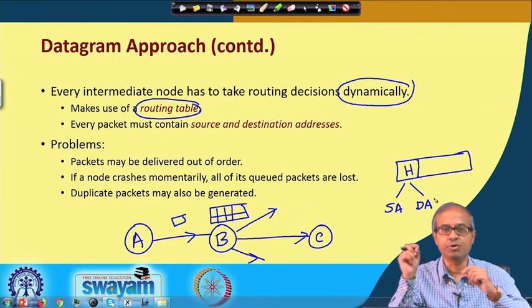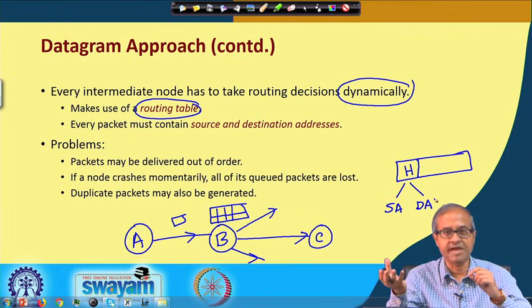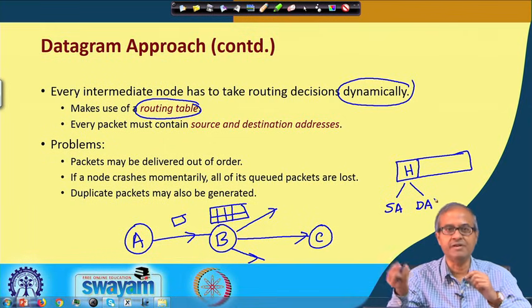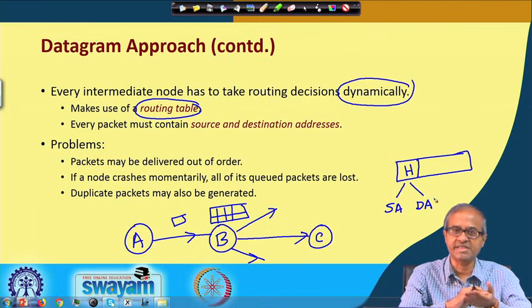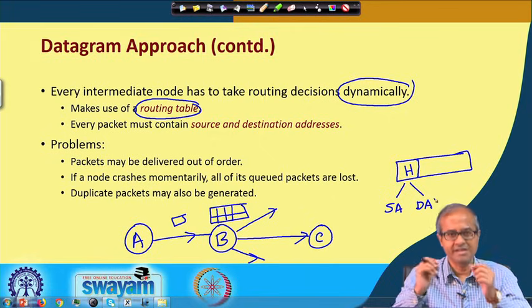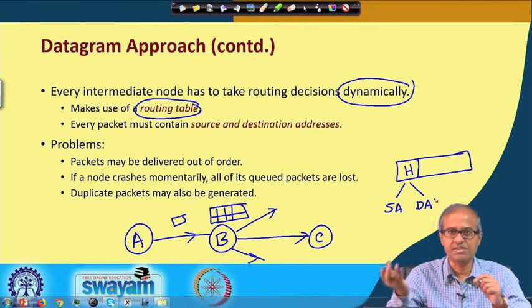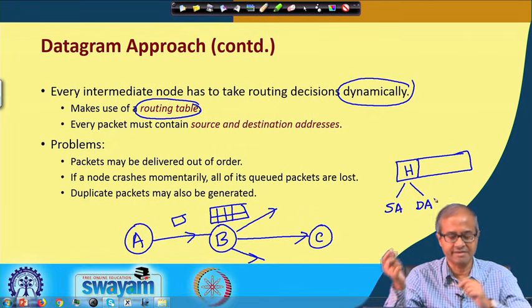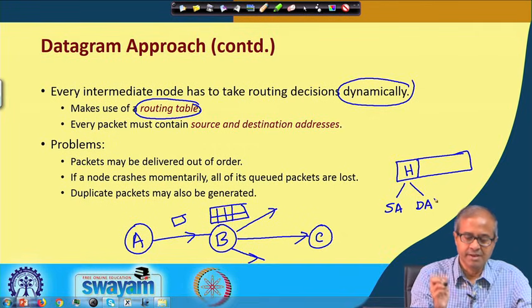Just like when you post a letter, you give the address where you want to send it, and in case the letter cannot be delivered, you also give your own address so that it can come back to you. In the header there is other information also, but the most important are the source address, the person who is sending, and the destination address where you are sending.